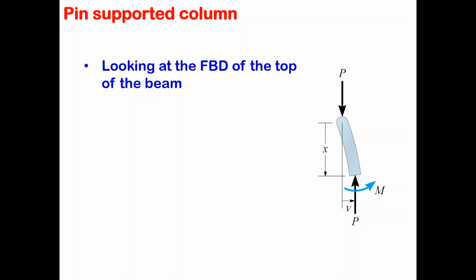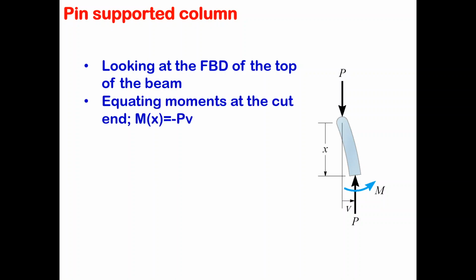The deflection of the beam is going to be V, and this distance is going to be X. The maximum distance is going to be L, and the maximum deflection is going to be delta.